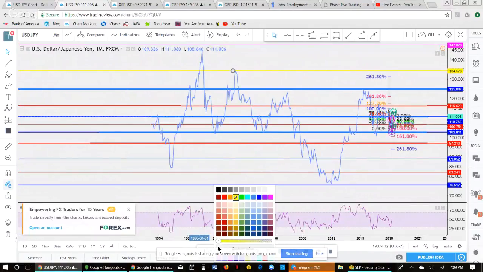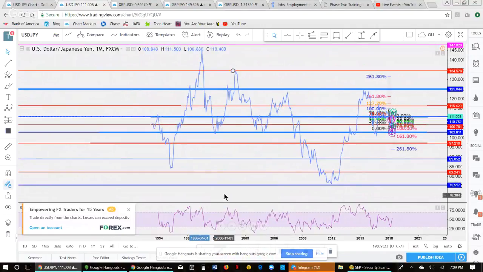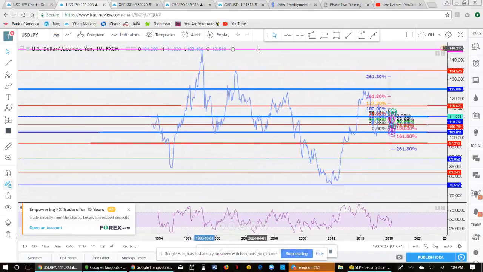I want to see where I am between the two, true support being down here, true resistance being up here. So I just make little lines and such. It goes right here.